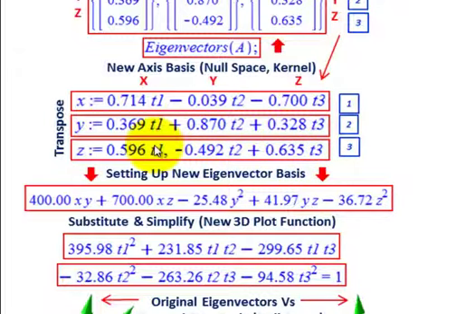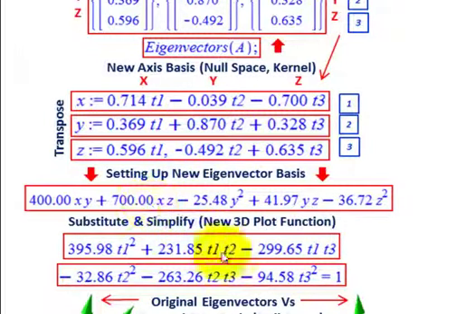And again, you're going to have some computer solution to do this with here. So all I'm doing is using MapleSoft here, and I'm doing a substitution here. And this is really setting up our new eigenvector basis here. So we put those x, y, and z solution, or t1, t2, and t3 here for each of those into our original equation here that we set up on that matrix.